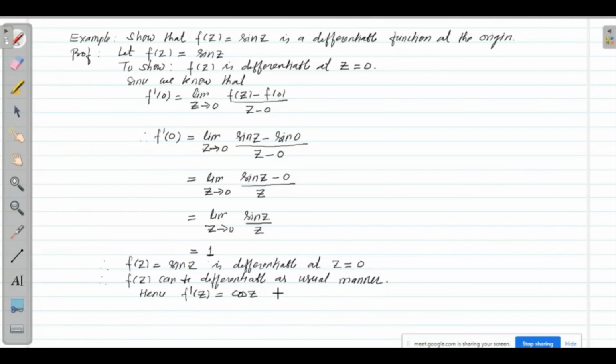So this implies that f dash of 0 is 1. Hence proved.